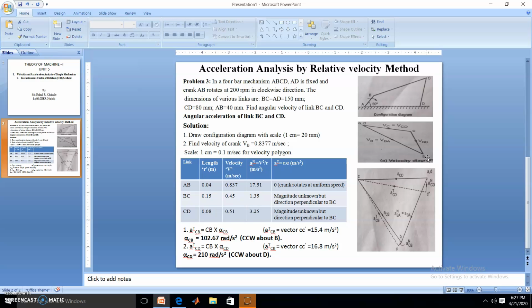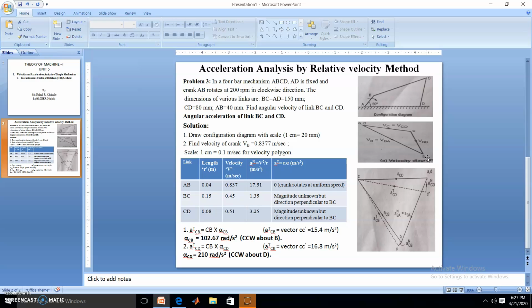Again, you don't know the magnitude for CD because omega is not given for link BC and link CD. But you know the velocity for link CD is perpendicular to the capital CD. So you draw the perpendicular line passing through the fixed point. You know the fixed point D. So from the small d, you draw the perpendicular line, which is the velocity for link capital CD.